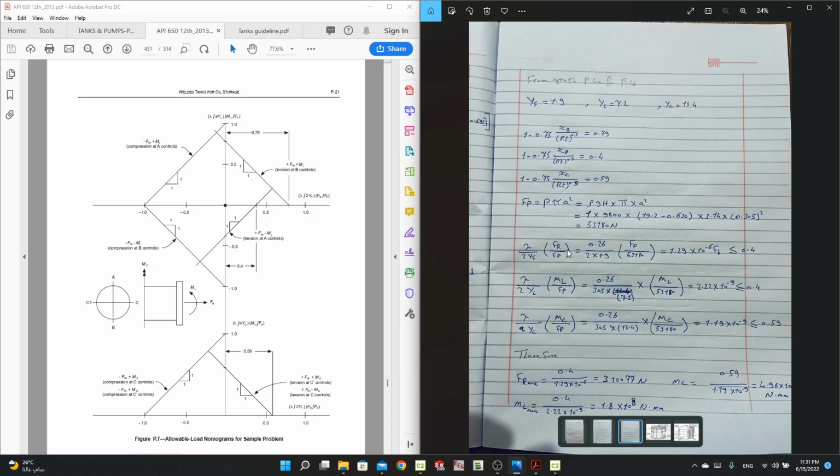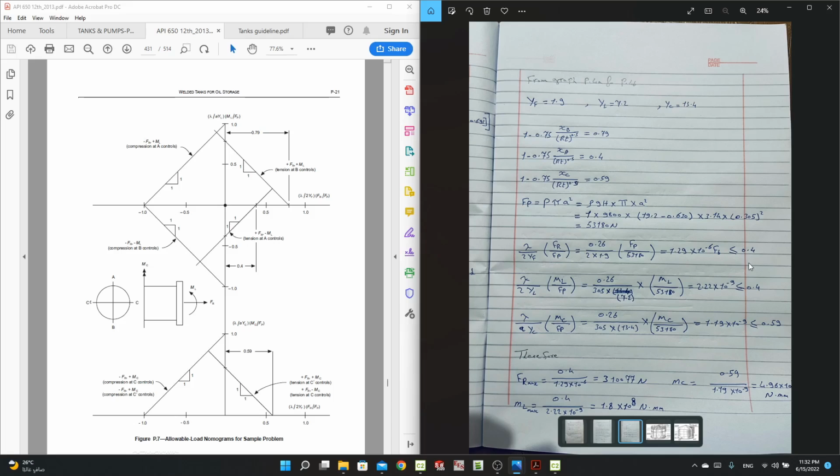So we will use all the available numbers, and we keep the unknowns: the FB, here by the way it's the FB not P, and the moment L and the moment C.